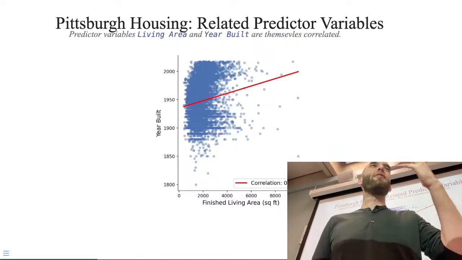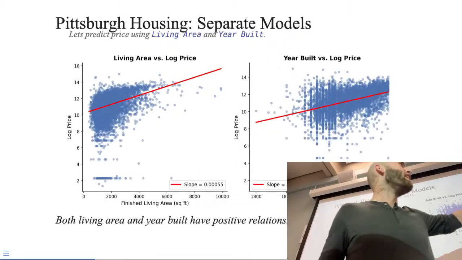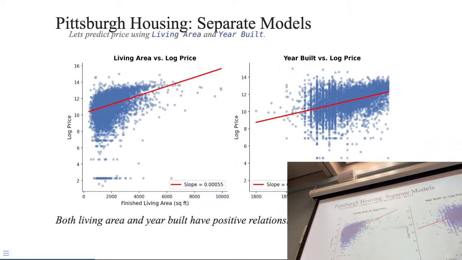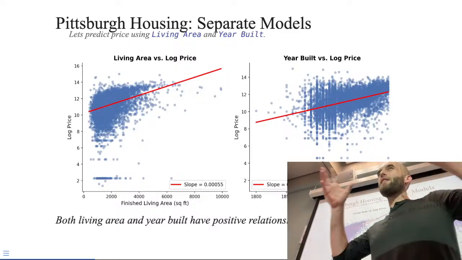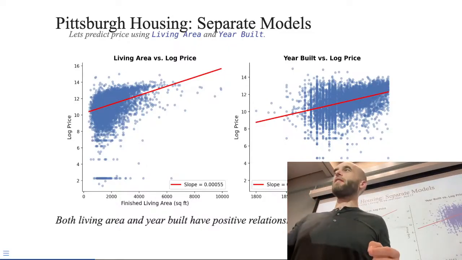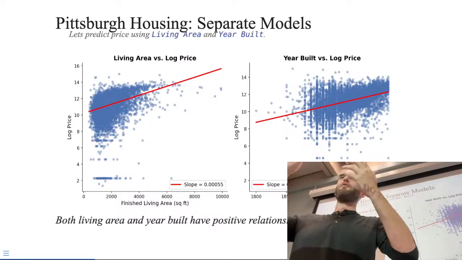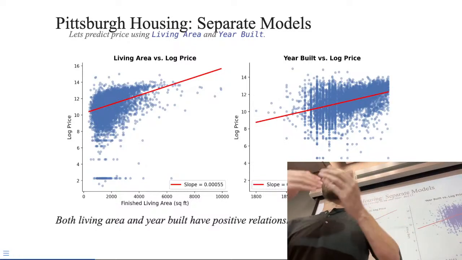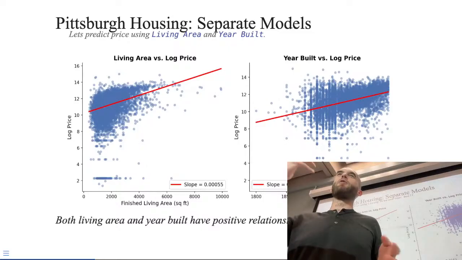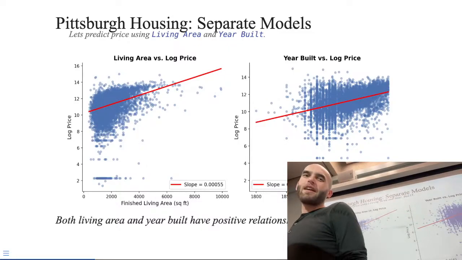Is it that newer houses are just nicer in their own way? And neither of these figures allows us to do that. So what we're going to do is build a statistical model that allows us to compare two houses built in the same year and figure out the extra value of houses that are larger compared to two houses built in the same year.